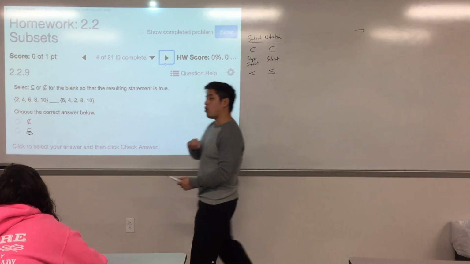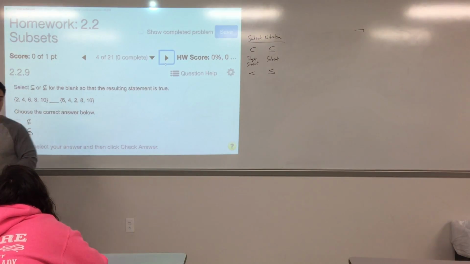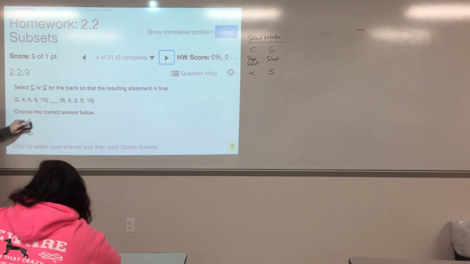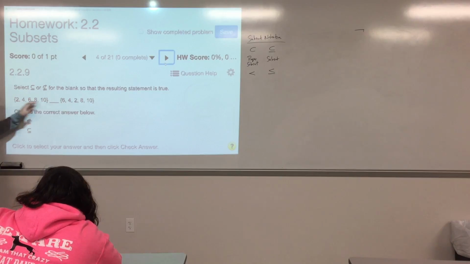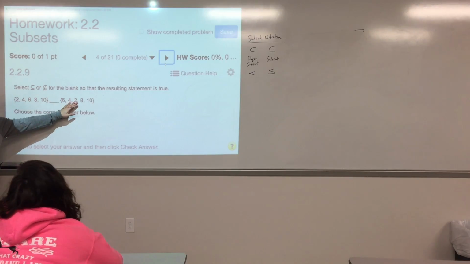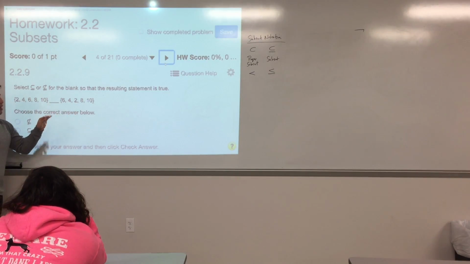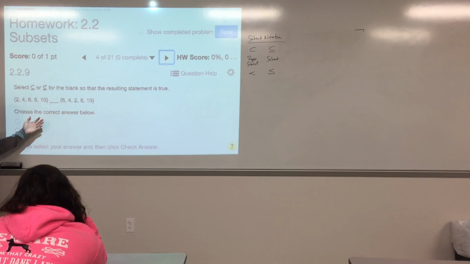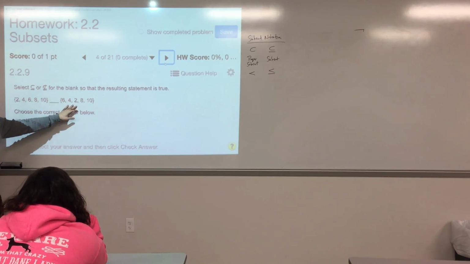Now, quick question, let's see if we can come back to this. Is this a proper subset of the one on the right? No. This set on the left, because you always read left to right, is not a proper subset, because why? It's not less than it, is it? It's the same one.